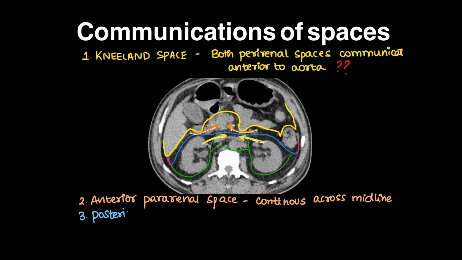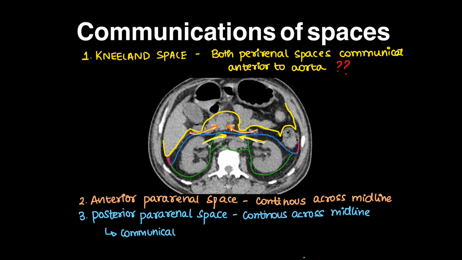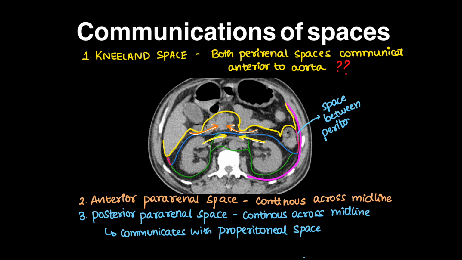Next, we have the posterior pararenal space. Posterior pararenal space is again continuous across midline, and it is also said to communicate with the properitoneal space anteriorly. See here, this is the transversalis fascia, and this is the space between transversalis fascia and parietal peritoneum.